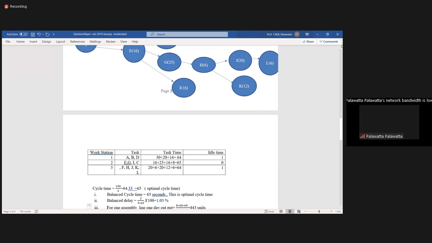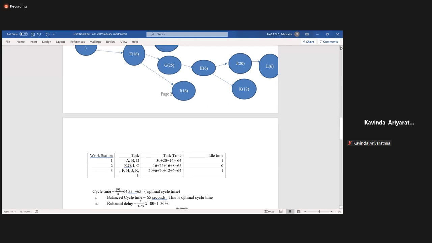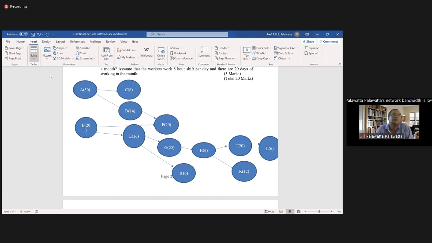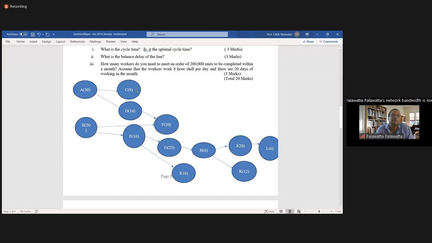And then for the second workstation, now that we have already allocated A, B, D, the next candidates are C, E, F, and O. So now I calculated, within 65, what are the possible combinations without violating the precedence.